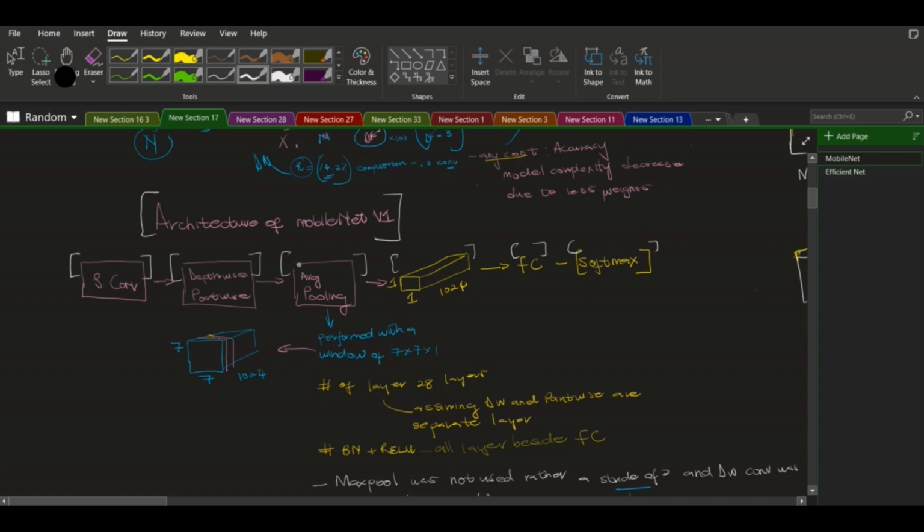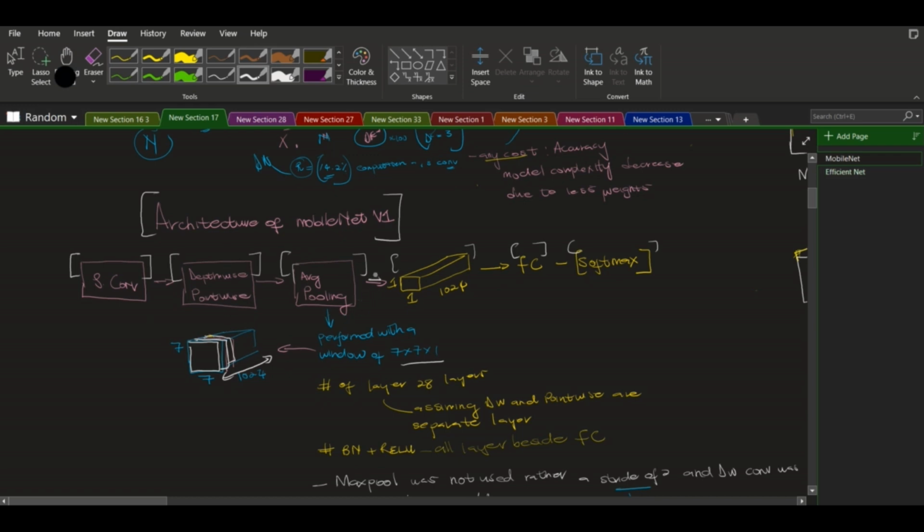The average pooling gets its input as denoted by 7 by 7 by 1024. The average pooling is 7 by 7 by 1. Because of this, we're going to have an average pooling for this part, then another part like so, and another part like so, across all these channels.